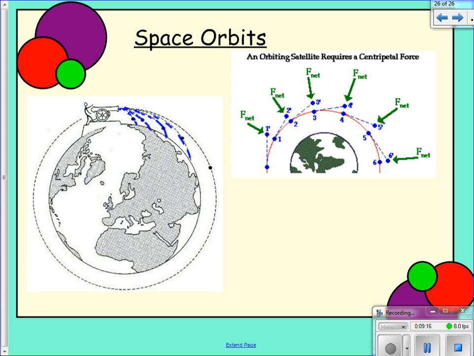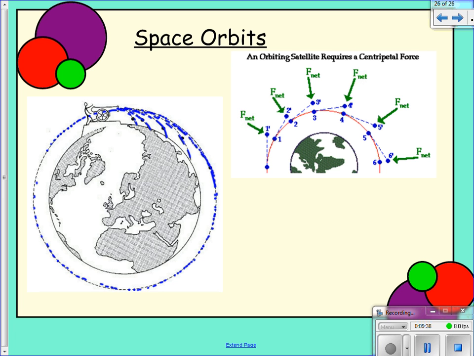It's only when you get just the right trajectory and velocity that the satellite, or in this case the cannonball, wants to keep falling towards the Earth, but it can't. It's always in this state of free fall, but it never quite gets to the Earth's surface, and it just keeps going and going and going.